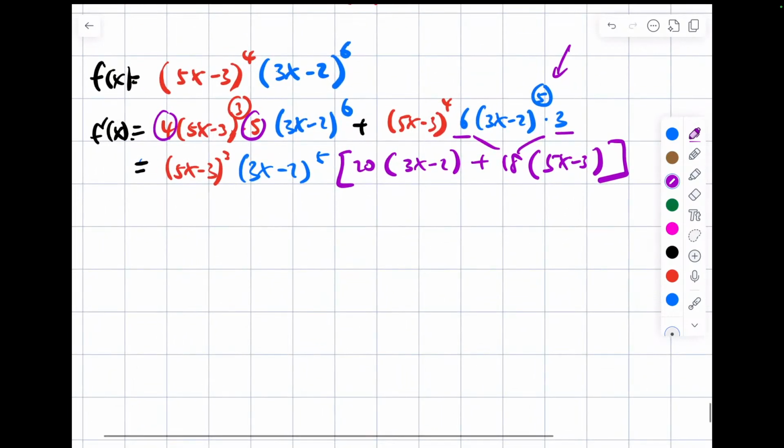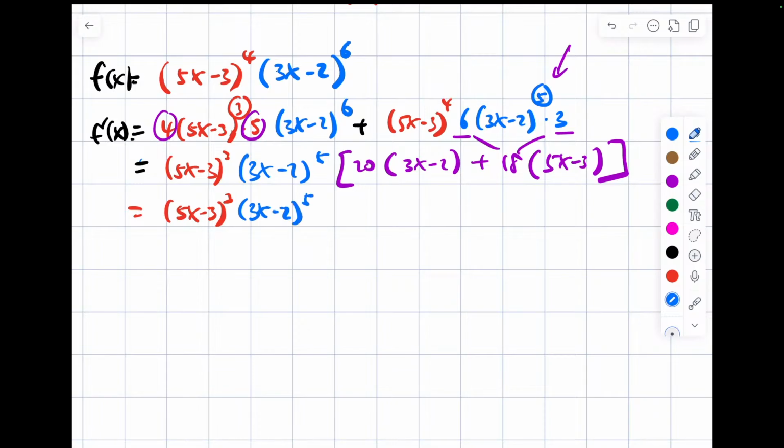Now I'm going to simplify it more, so that's going to be 5x minus 3 to the third power, and 3x minus 2 to the fifth power. And then this one here, I'm going to distribute, so it'll be 60x minus 40 plus 90x minus 54, I think.